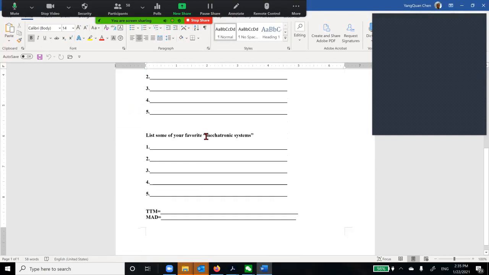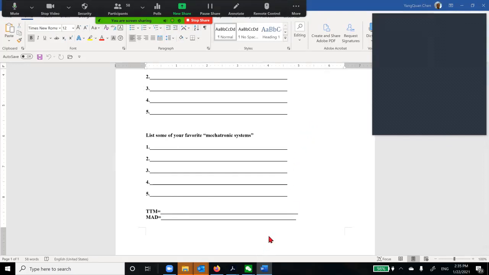Then I want you to list your mechatronic systems, and please don't say anything we already said in the classroom, like dryers, washing machines, your cars, and so on. I think you already know what this is, right? Okay, let's see. It doesn't matter. You can just use this line of paper and write on top of this one.